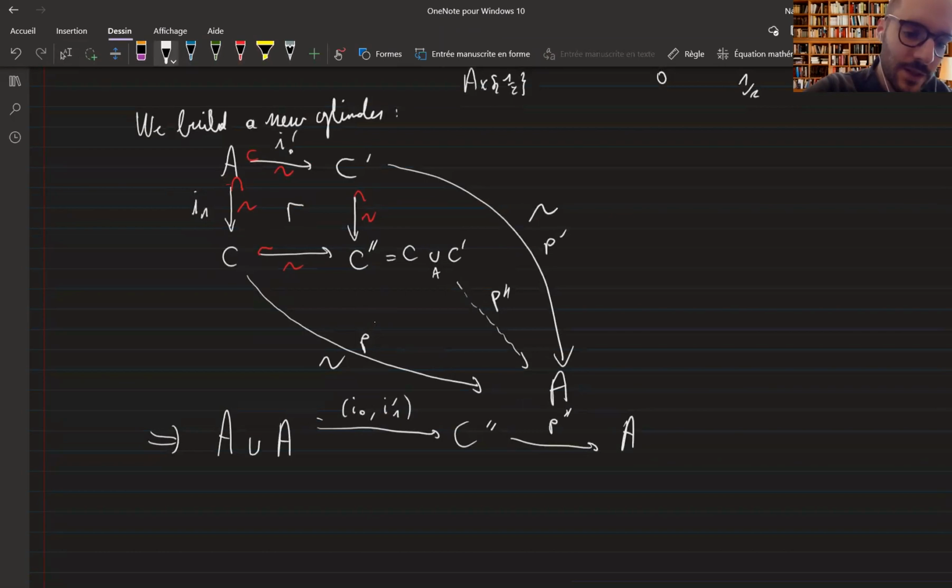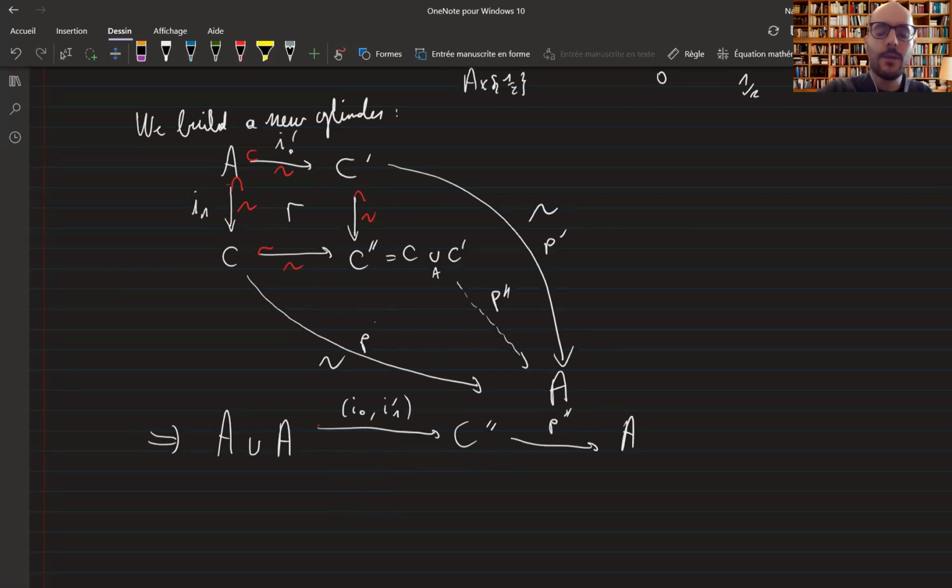You can check that it is a cofibration because this is a cofibration because pushout of cofibration. Yes. No, okay, I think I'm saying something wrong here.